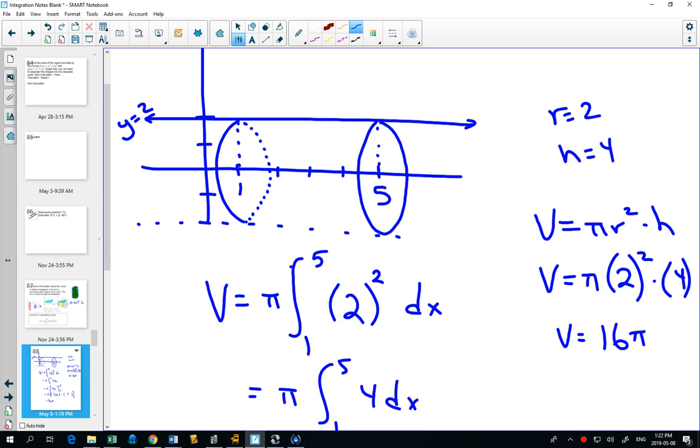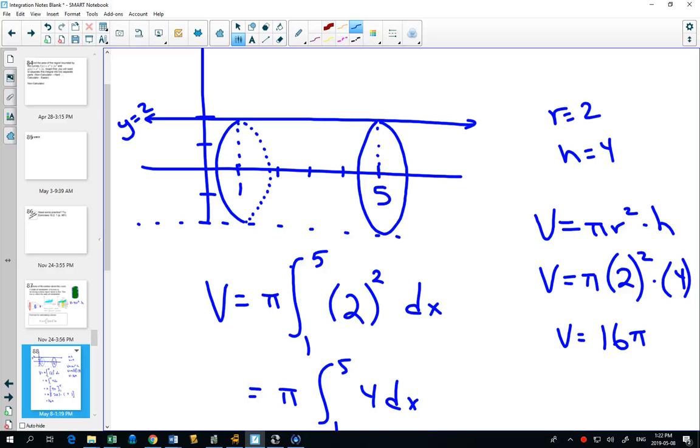Okay? Now, we had the formula already. We had the formula that volume was pi r squared times height for this equation, and that's how we could check. But let's say we wanted to make the formula.